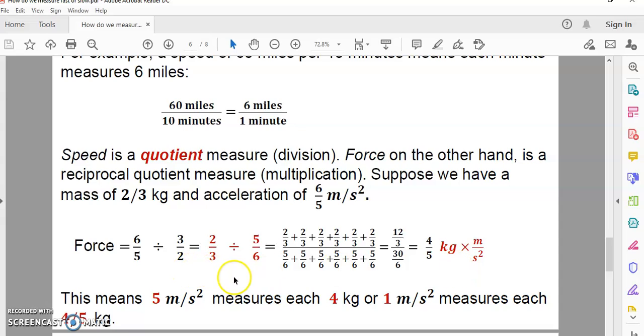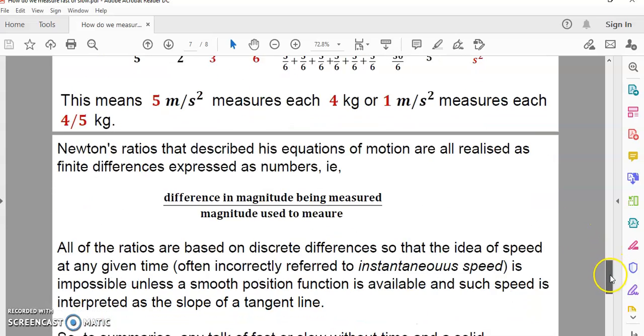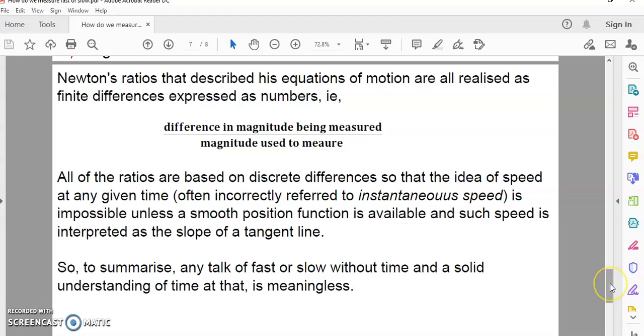Now notice it doesn't matter how you perform these operations, you will get the result that an acceleration of 5 meters per second squared measures each 4 kilograms, or rather 1 meter per second squared measures each 4/5 of a kilogram. All right?